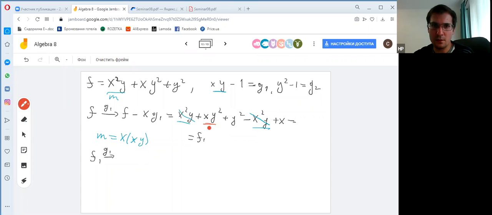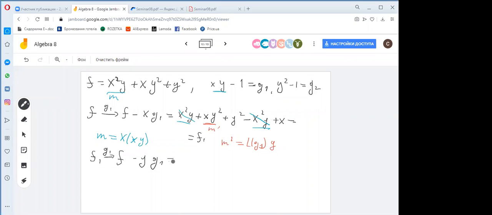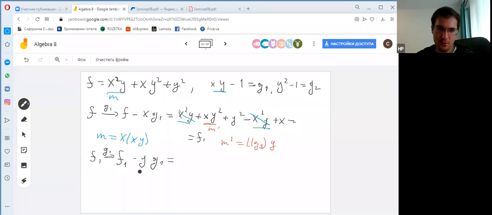Okay, and we say that if it is m prime, then m prime equals the leading term of g1 multiplied by y. And here I write f minus y multiplied by g1. Isn't it f1 minus? Of course, f1. Yes.